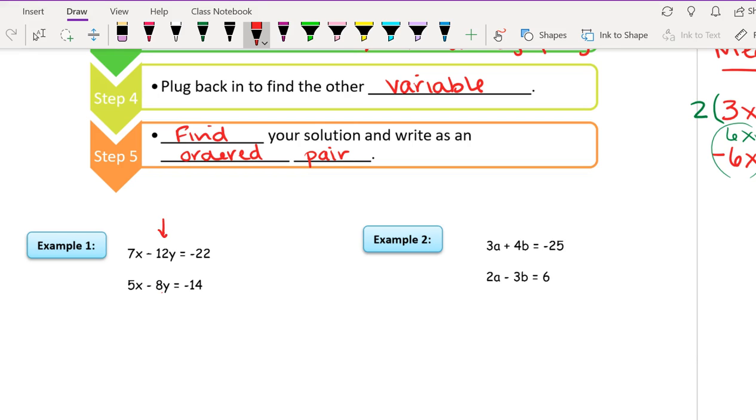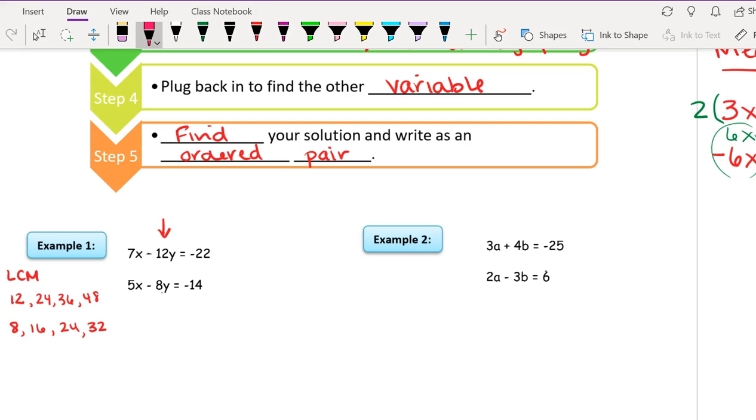If I decide that I want to eliminate the y's, I'm going to find a number that 12 and 8 have in common. So the LCM of 12 and 8. If I list out the multiples of 12, I have 12, 24, 36, 48. If I list out the multiples of 8, I have 8, 16, 24, and 32.